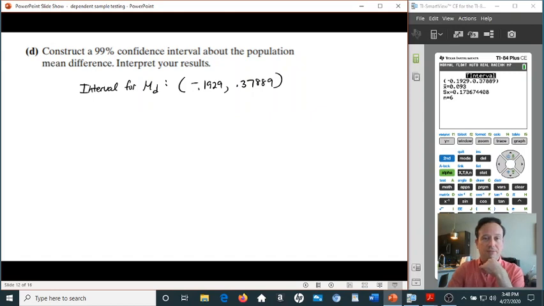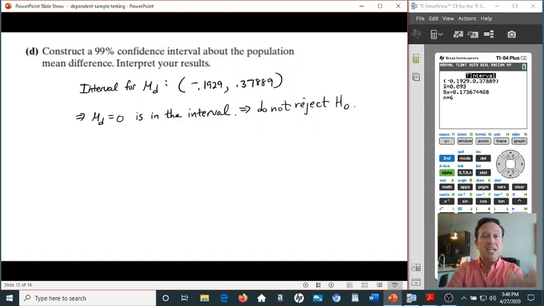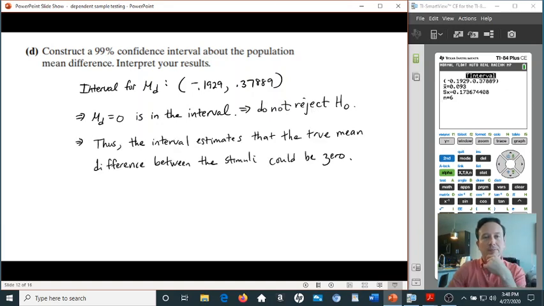Now interpret it. So first, remember, you have to take the null value and just see if it's in the interval or not in the interval. So 0 is in this interval, right, because it goes from negative to positive. So 0 is somewhere in the middle. So that means we do not reject H0 again. Now, what does the interval say?